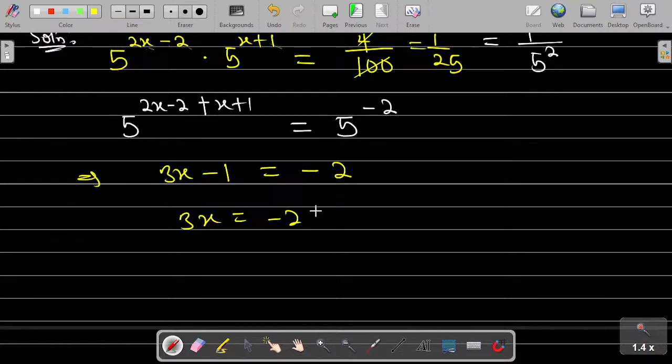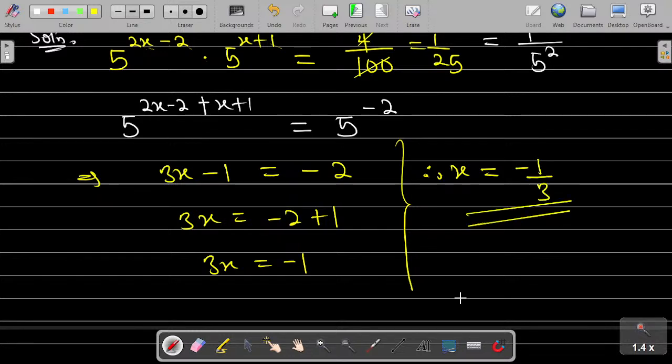This minus 1 coming over here will be plus 1. So we'll get 3x is equal to minus 1. And by the time we divide both sides by 3, we will get x equal to minus 1 over 3. And that is the solution of that problem.